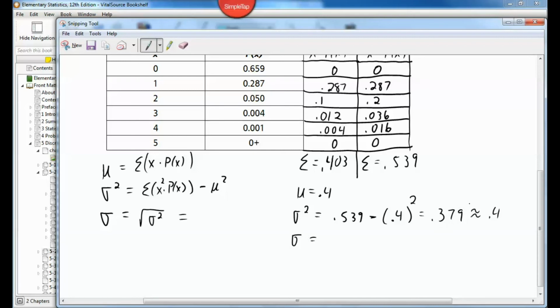So take the square root of that, and I got 0.6156, and the decimal keeps going on, which is approximately 0.6. Okay, so that is the mean, variance, and standard deviation of a probability distribution.